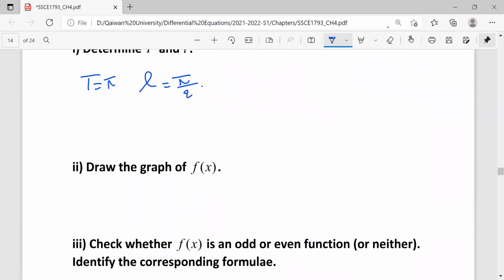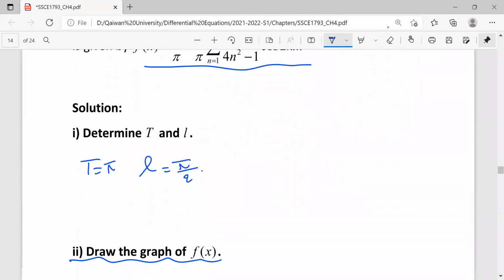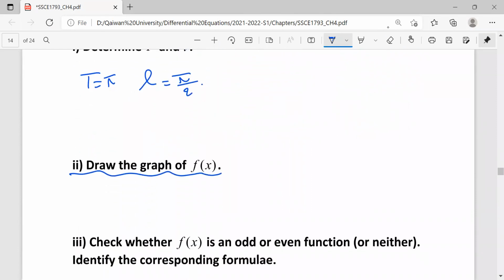Now we draw the graph of the function. Here we have the absolute value of sine x. This is x, this is y. We should draw the graph from minus pi over 2 to pi over 2. At 0, sine is 0. Sine pi over 2 is 1.